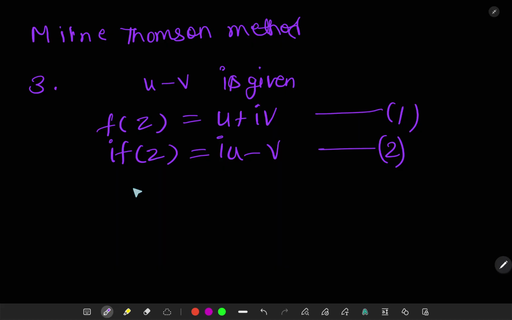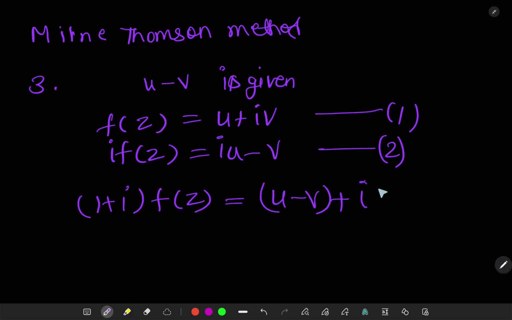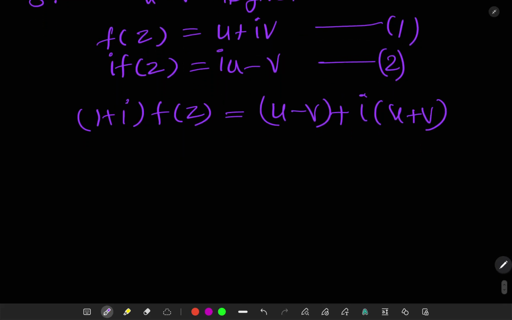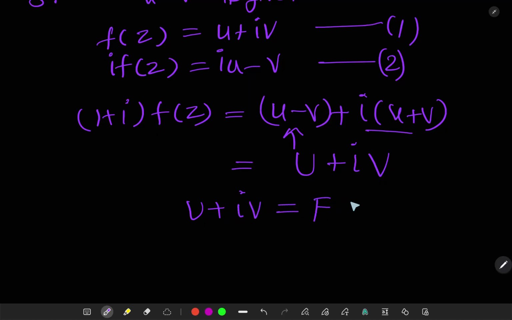Adding the first and second equation, we get this value. Now you can see that this is capital U and this is capital V, and this capital U plus iota V is equal to capital F of z.